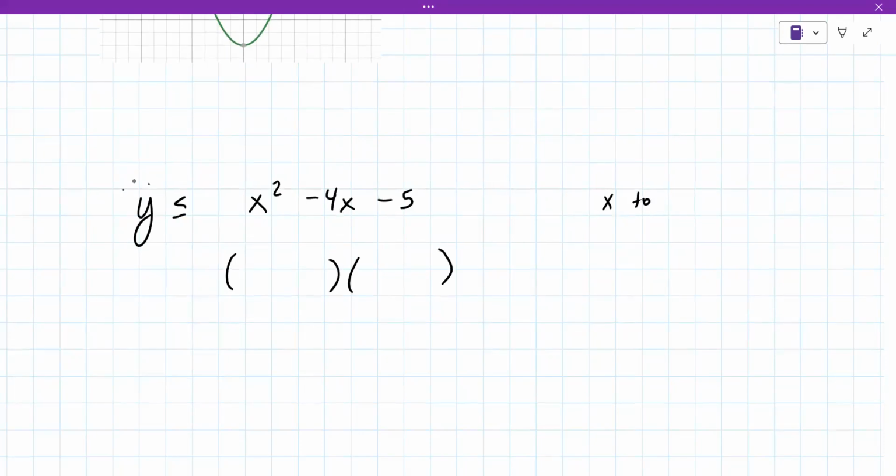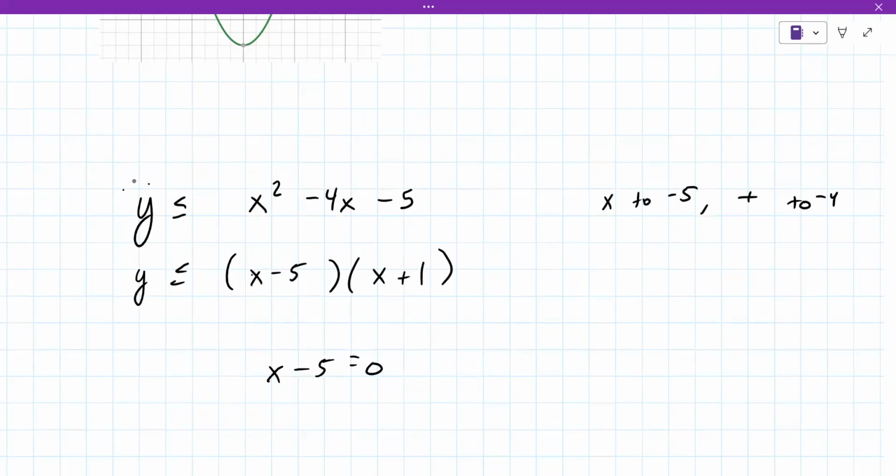We need 2 numbers that multiply to minus 5, but add to minus 4. -5 and 1. x minus 5, x plus 1. Good. Now you still set these equal to 0. x equals 5 and x equals -1.